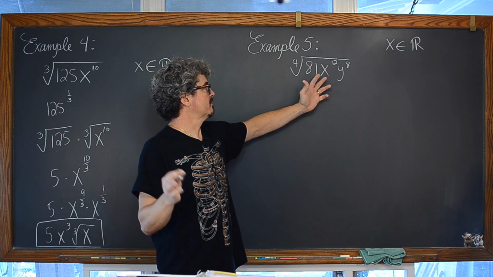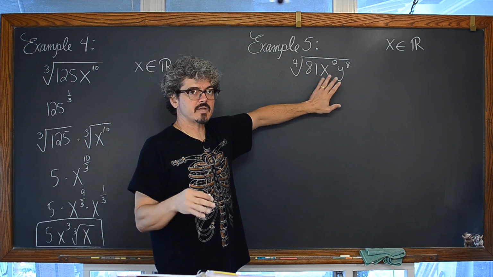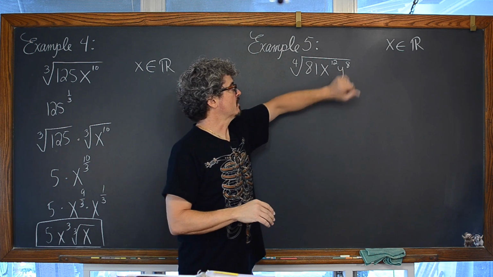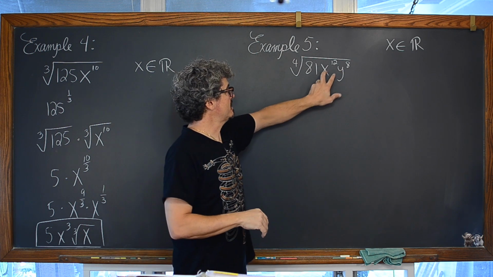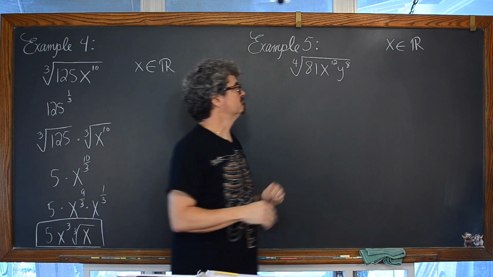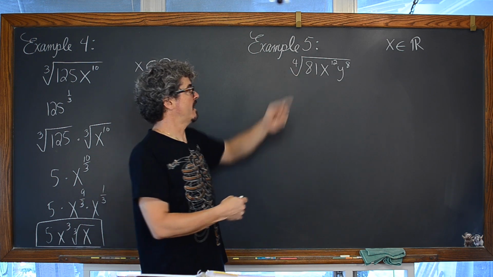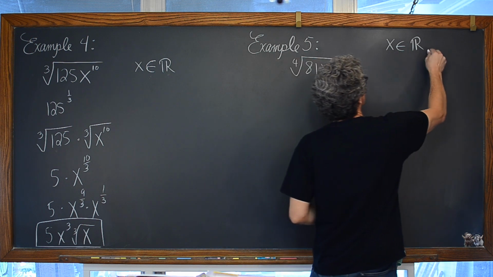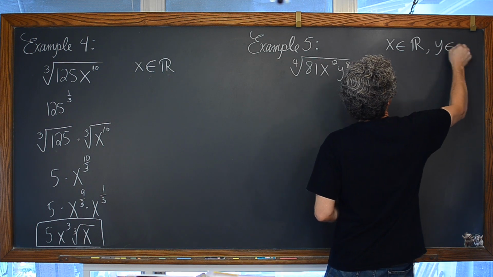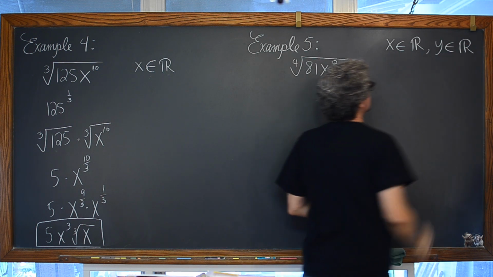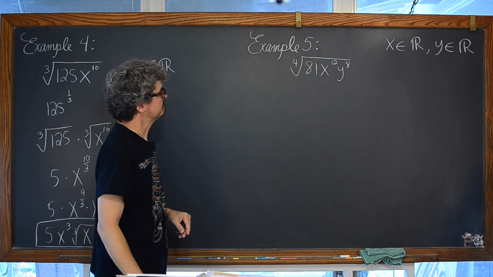Can be a decimal, can be whatever. Same thing with the y being raised to an even power. Because both of these are being raised to an even power, we don't need to worry about taking an even root of that value. So x is an element of all real numbers, and y is also an element of all real numbers. Don't forget, that means from negative infinity to positive infinity.